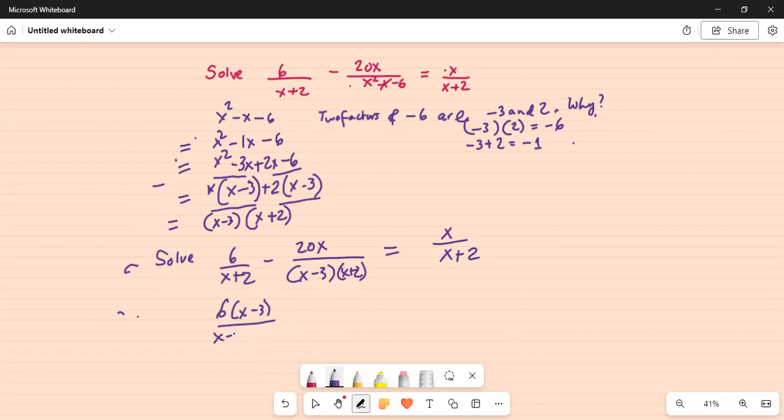Why do I want to do that? Because then both the terms on the left-hand side will have x minus 3 times x plus 2 as the common denominator. We'll leave the right-hand side alone.